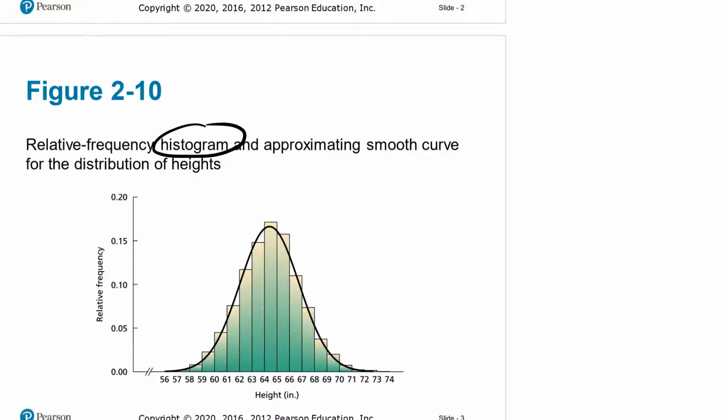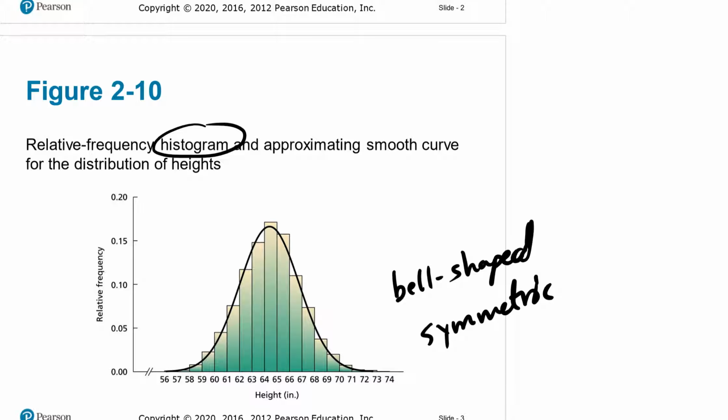We call it a bell-shaped curve, and it looks symmetric. What we're going to do is look at different shapes, not just this one. There's a lot more than this one to look at.